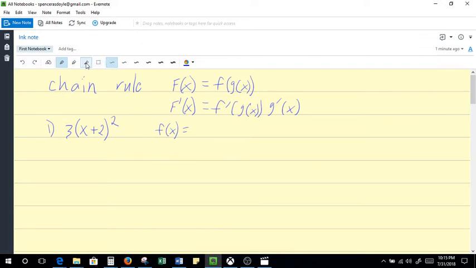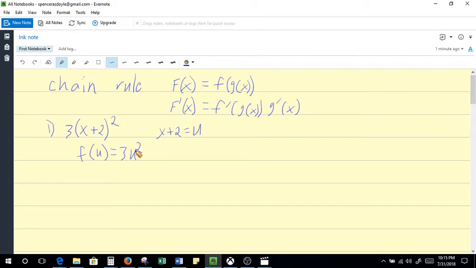Let's actually just do that. So x plus 2 we're going to define as u. So in that case, f of x, or f of u rather, could be called 3u squared.